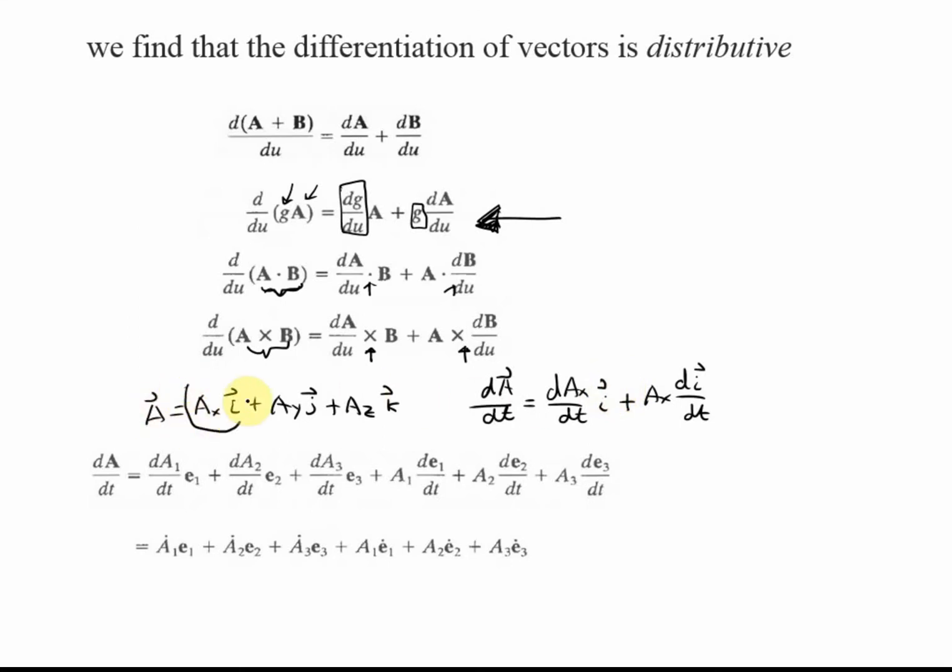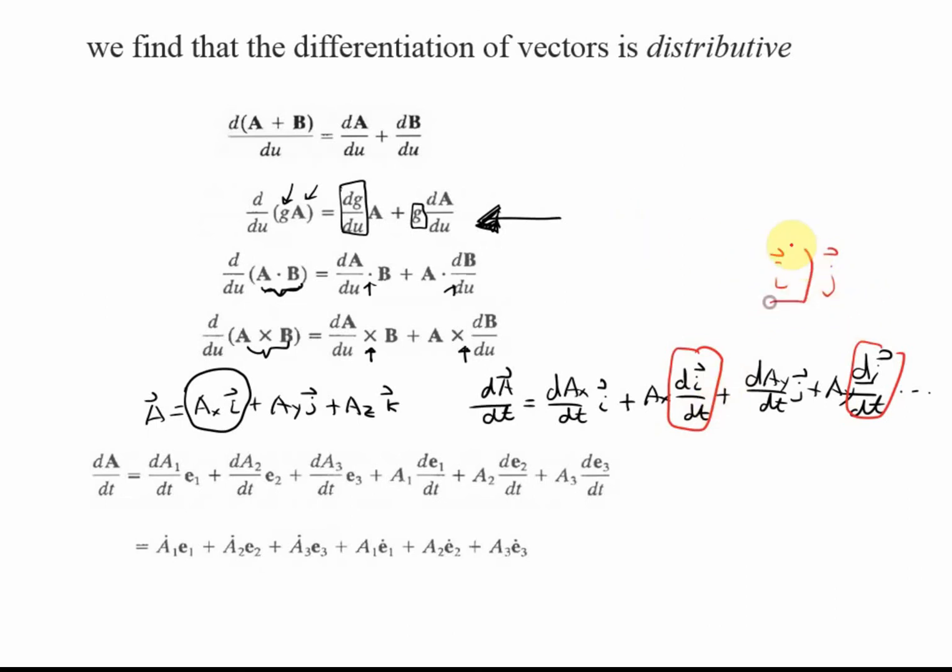When I take care of the first term, I have to take the derivative of my scalar first and then the vector. And plus dAy over dt j and Ay dj over dt, and so on. But here, what is di over dt? i and j are unit vectors for the xy coordinates.